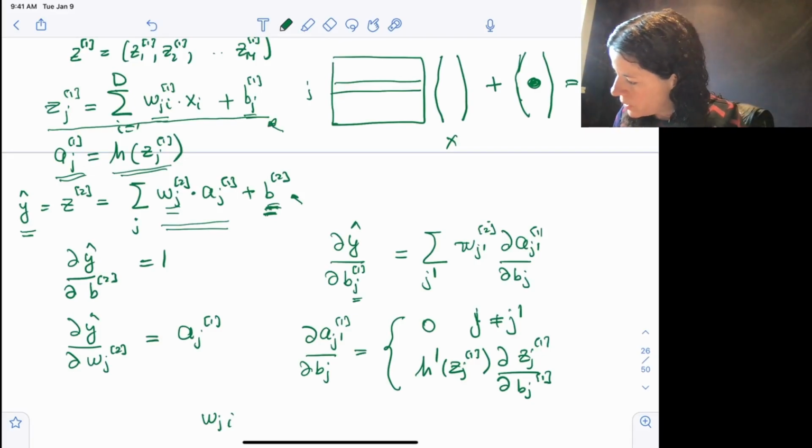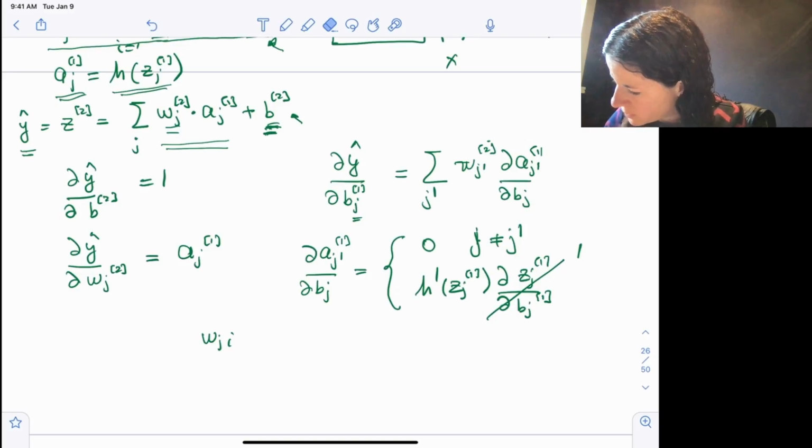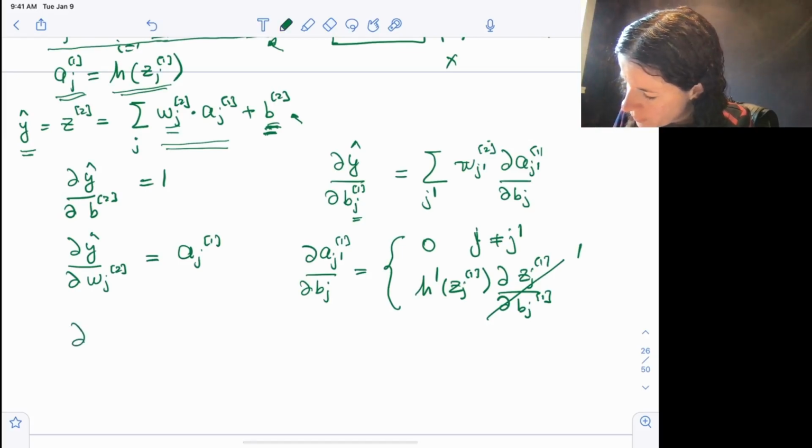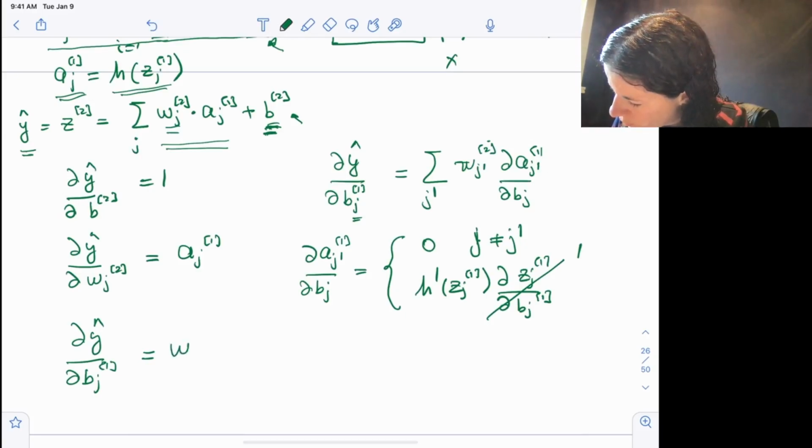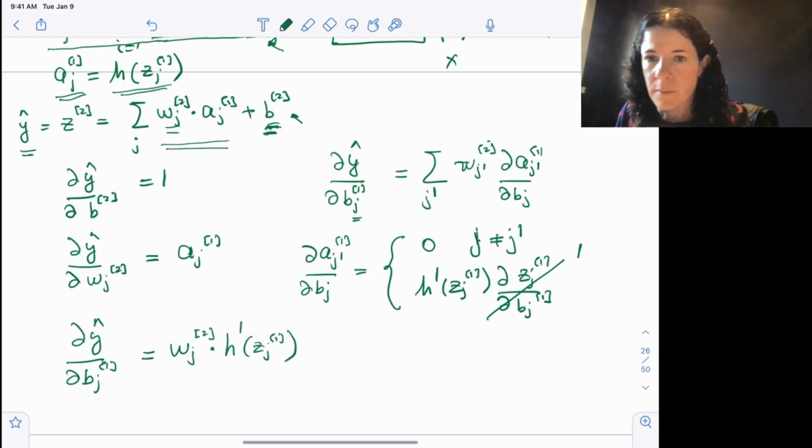Let me write down what I have, because I have a mess. What I got is the following: dŷ/db_j^(1) is equal, and we don't have to do the sum because it's just one of them, to w_j^(2) times h prime of z_j^(1). Cool? I hope it is.